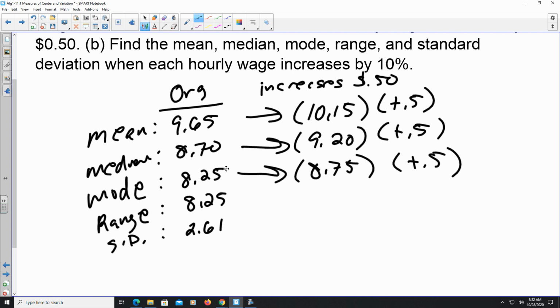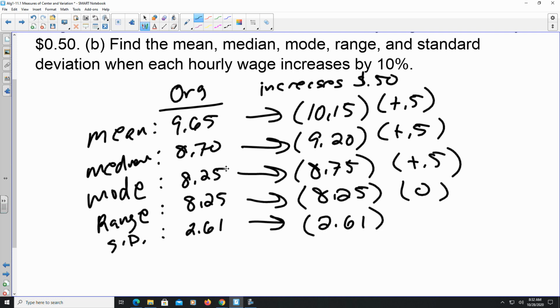But here's where it changes. Our range is still going to be 825, which was 0 change, and standard deviation is still going to be 2.61, which is 0 change. So if you noticed, the mean, the median, and the mode all increased by 50 cents, but the range and standard deviation didn't change at all.